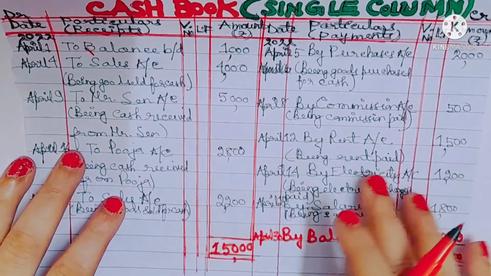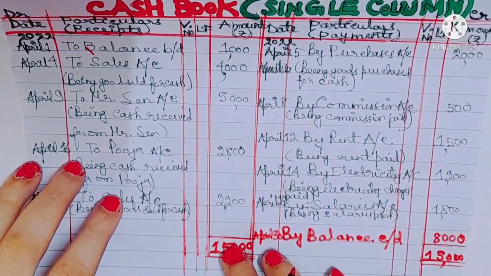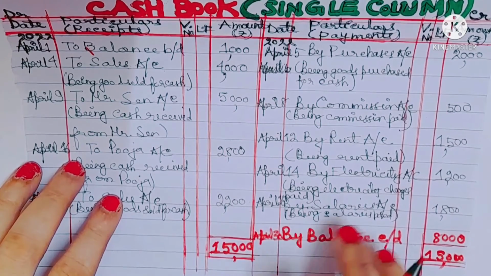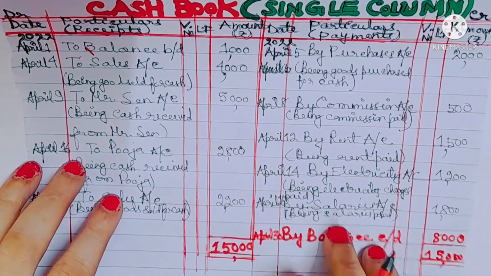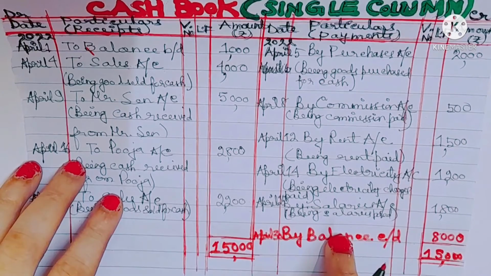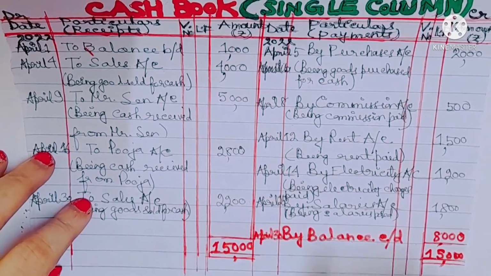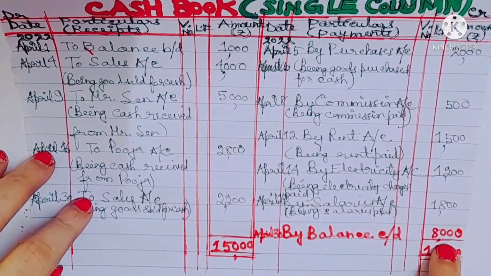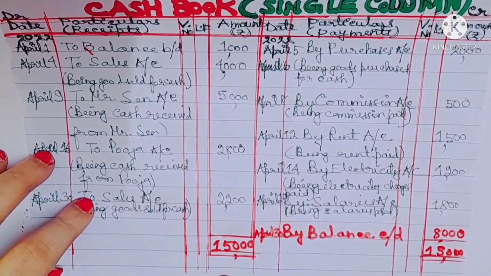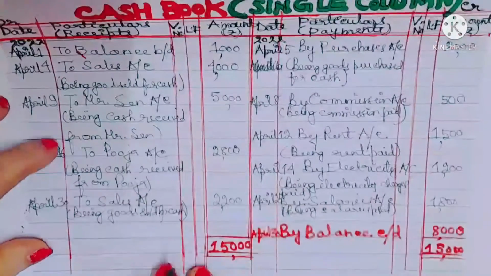Understood? Always remember, usually the debit column of the cash book is greater than the credit column. So the difference will be written as by balance CD 8,000. Okay? And now this closing balance 8,000 will become the opening balance of the next day.